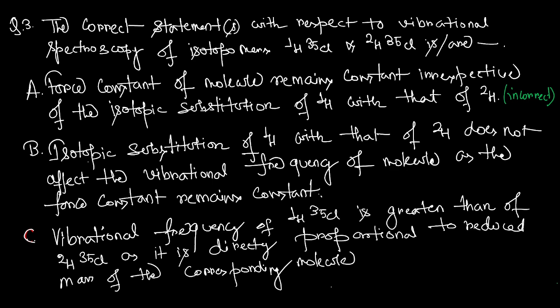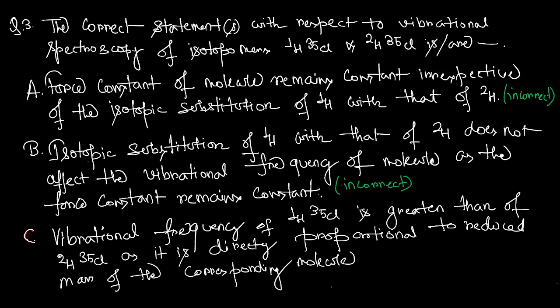Now, isotopic substitution of 1H with that of 2H does not affect the vibrational frequency of the molecule, as the force constant remains constant, which is also incorrect, because as I just discussed, on isotopic substitution from 1H to 2H, the bond length changes, therefore the force constant will also change.